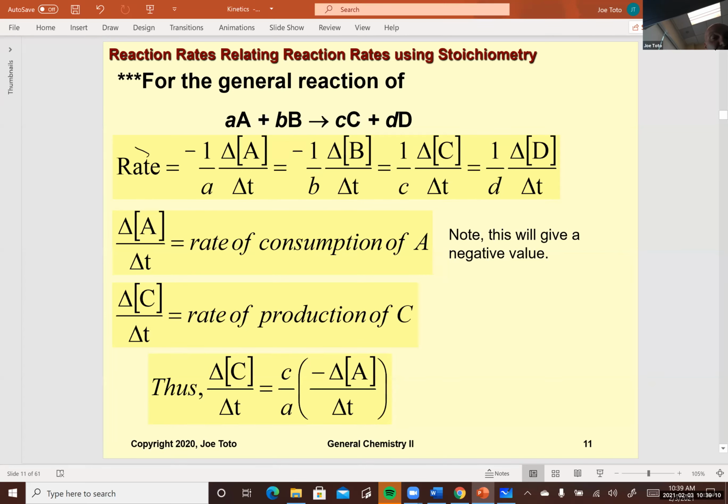Okay, so the overall rate of the reaction equals the rate of consumption of a reactant A when little a, the stoichiometric coefficient, is 1. If it's not, if it's 2, 3, 4, 5, then I've got to make another column to calculate the rate of the reaction in terms of what I'm given using the stoichiometric coefficient.